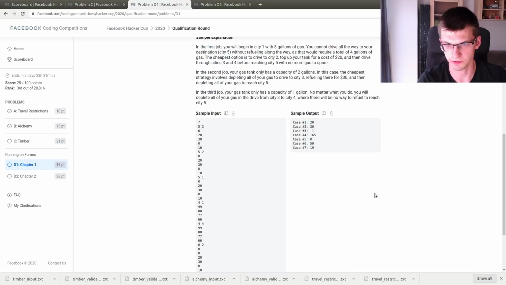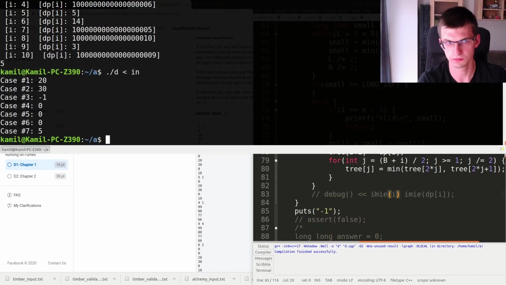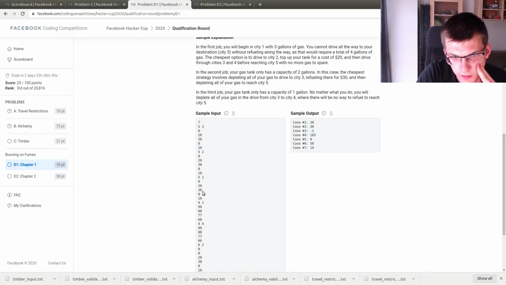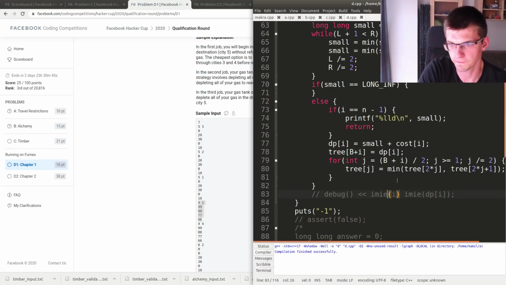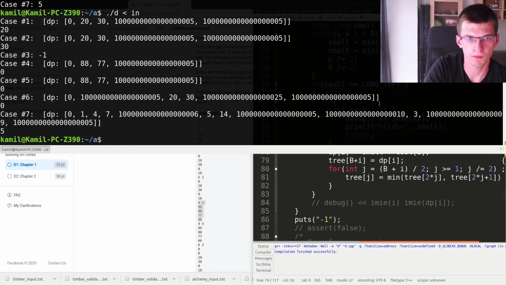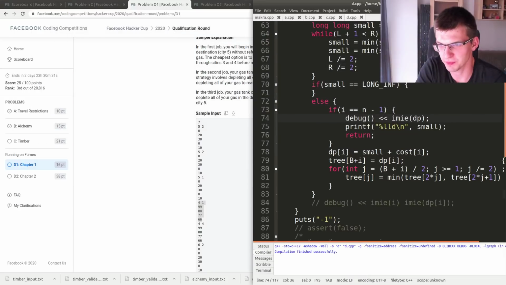Not correct for test 4. I think it's this one. How did this happen and I printed. What?